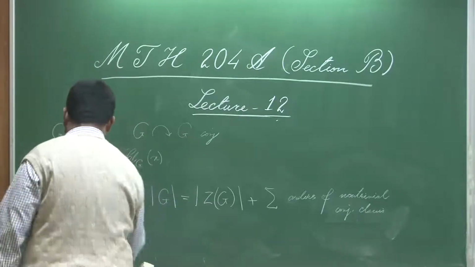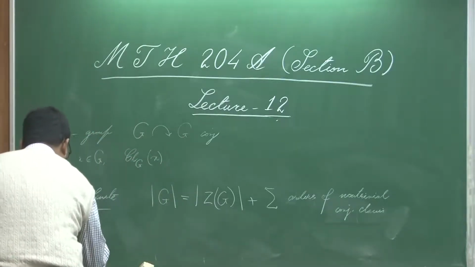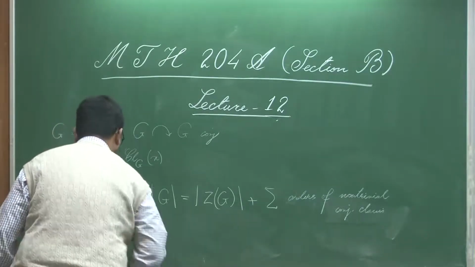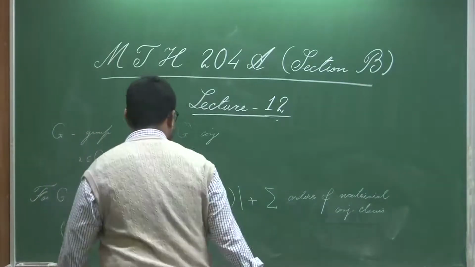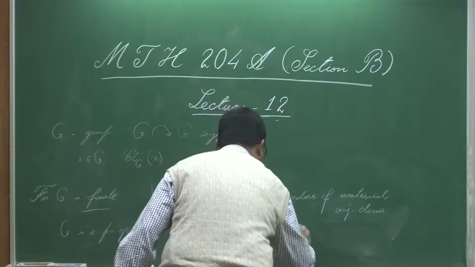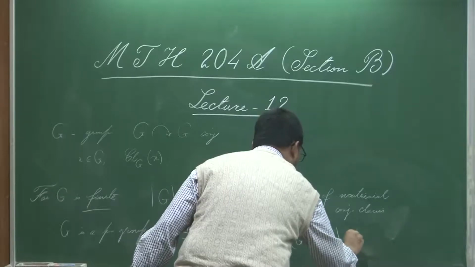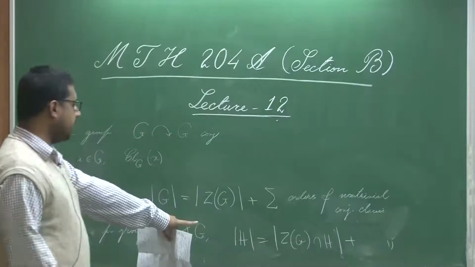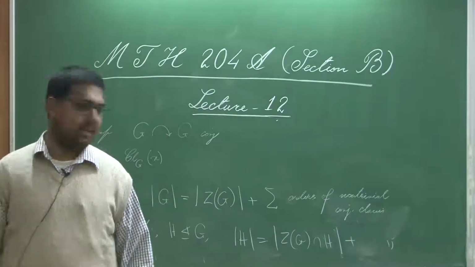In fact, if G is a p group and H is normal in G, then we have seen the same kind of thing, which also assures that this quantity is at least p.